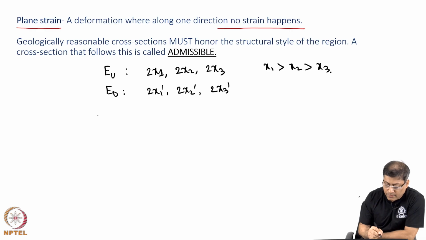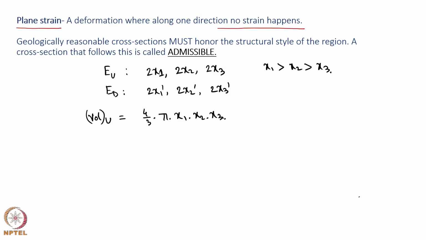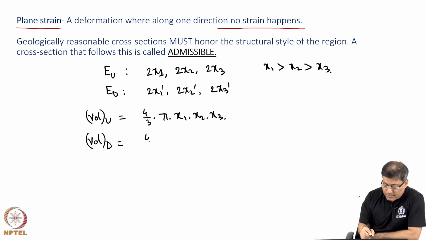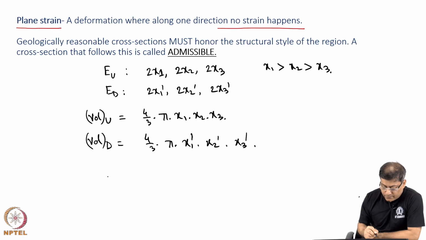If it is a constant volume deformation, then the volume undeformed is given by 4/3 pi x1, x2, x3. x1, x2 and x3 are the semi major axis, semi intermediate axis and the semi minor axis, and the volume after deformation is given by 4/3 pi x1 dash, x2 dash, x3 dash.